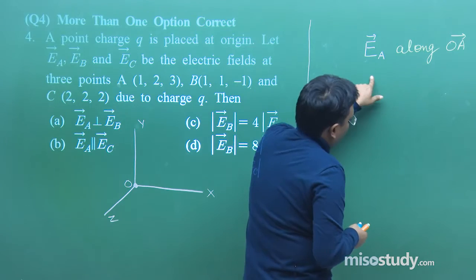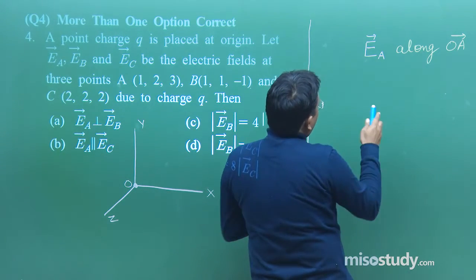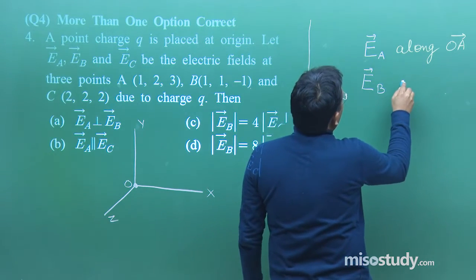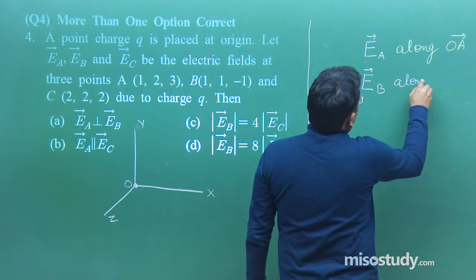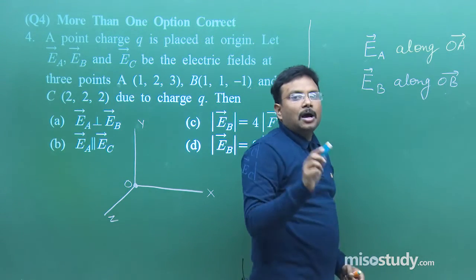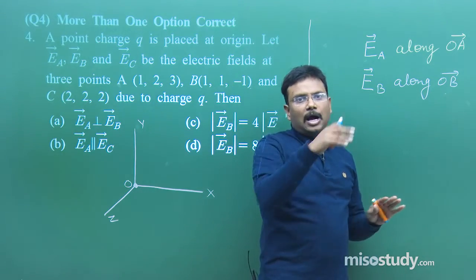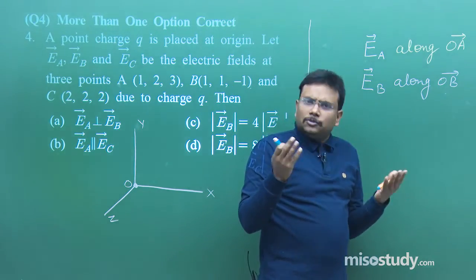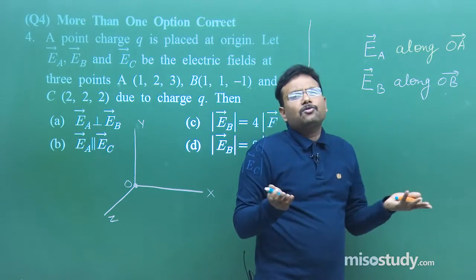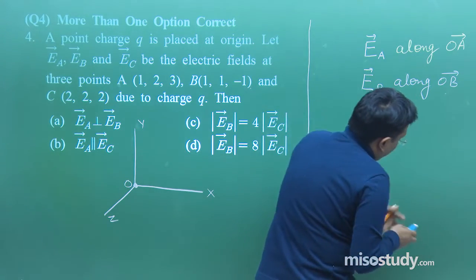Similarly, you can write down EC along OC. Clear? Actually, you know what I am doing? I will use 2 directions, x, y. I will show, and after getting the information about these 2 directions, the third is going to be clear to you. So, EB along OB.